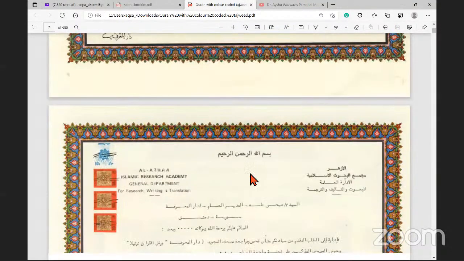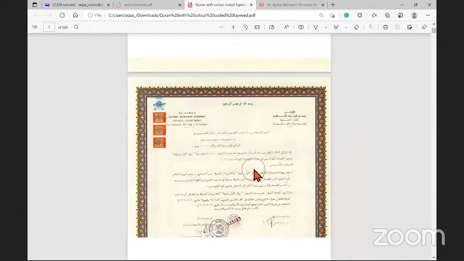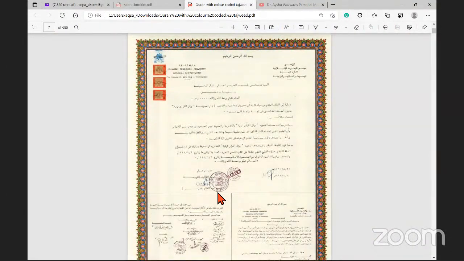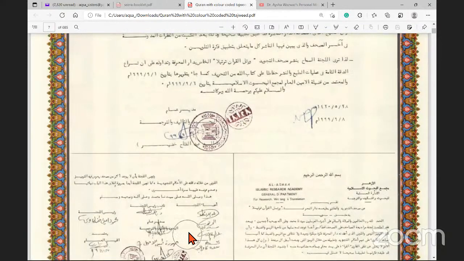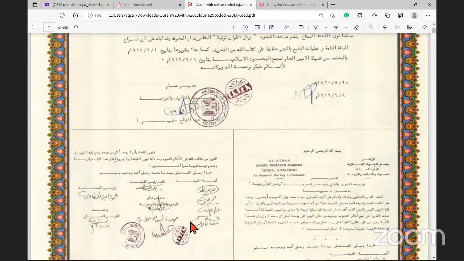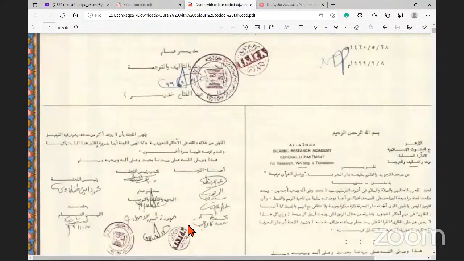All right, now this page is basically telling you that this copy was overseen by Al-Azhar, some of the most important scholars. I want you to look at some of the most important scholars right there. Even though their handwriting or their signatures are not really that clear, you've got Mahmoud Amin al-Tantawi.